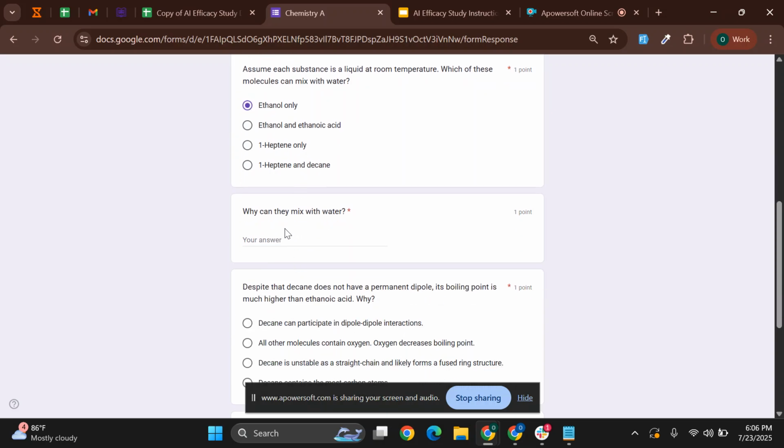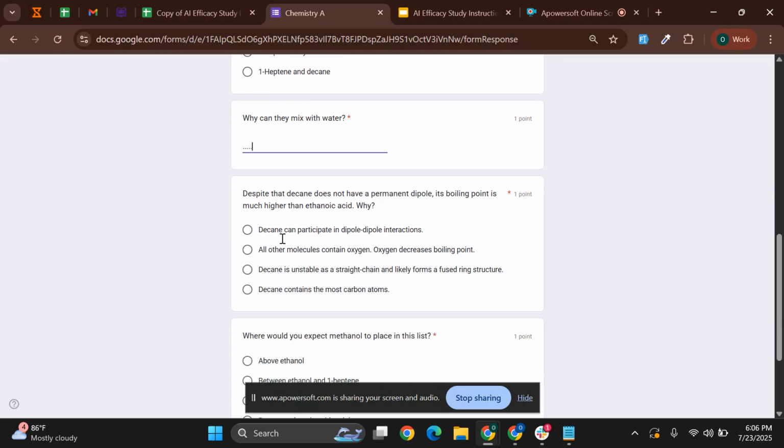Why can they mix with water? So I don't know about it. Despite that, decane does not have a permanent dipole. Its boiling point is much higher than ethanoic acid. Why? Decane can participate in dipole-dipole interaction.